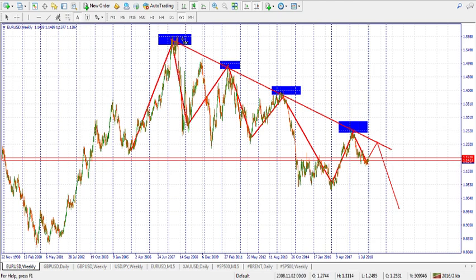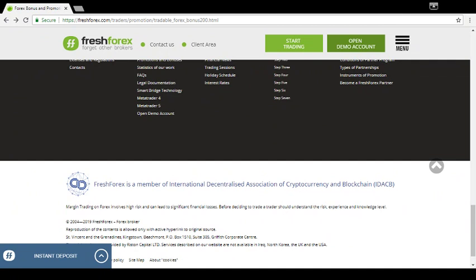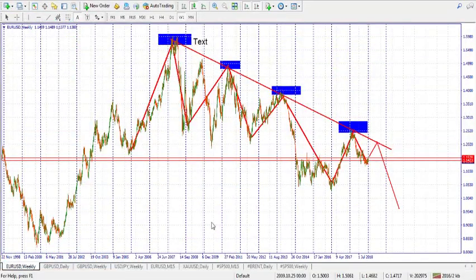This is the highest high. Then we have a lower high there, and another lower high, and another one here which is another lower high.